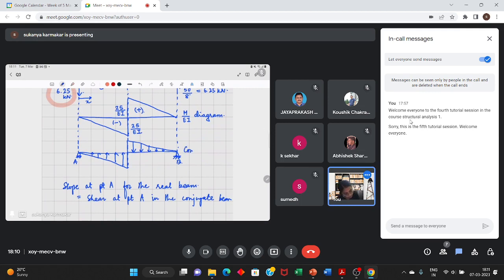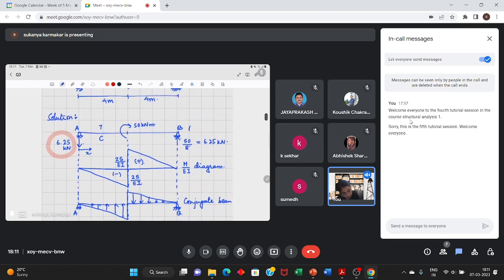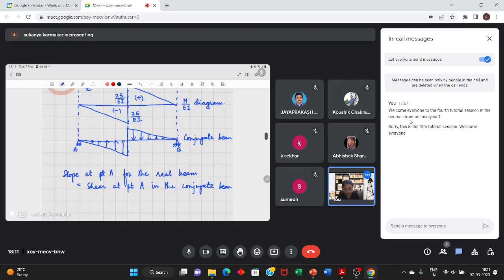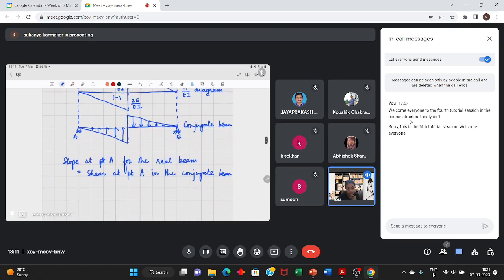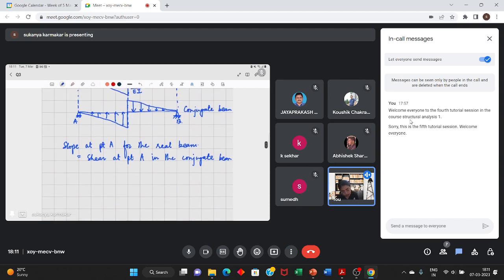This is the conjugate beam and this is the real beam. So for calculating the shear at point A, I need the support reaction because that is the shear at point A. So for this, you need to calculate RA.